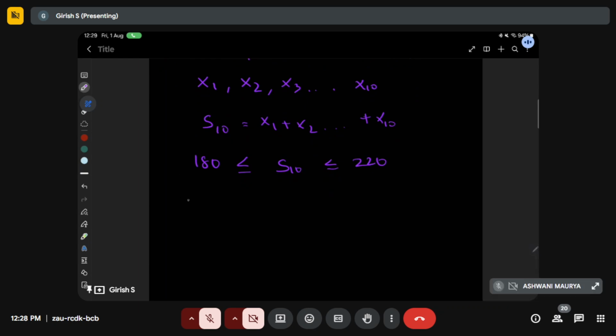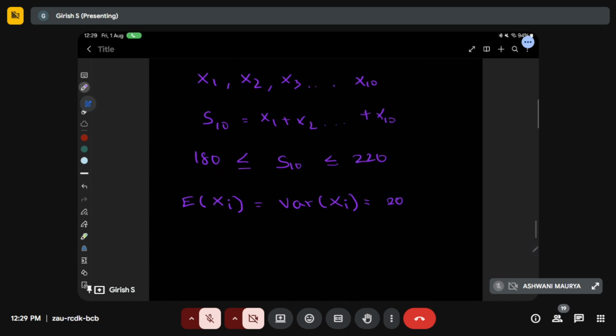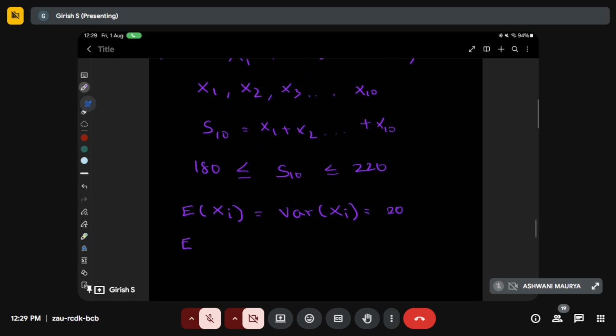So let us do one thing first. For a Poisson distribution, expectation of Xi equals variance, which is 20. Is this right? Yes, for Poisson distribution both are equal.